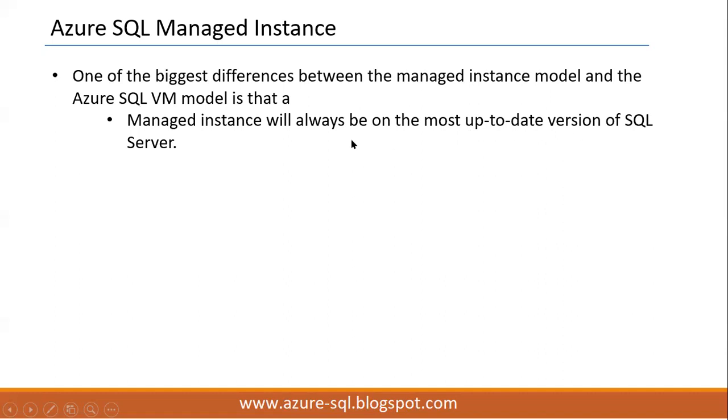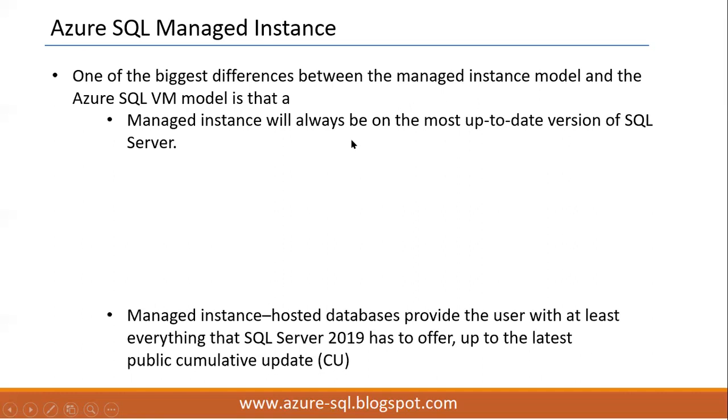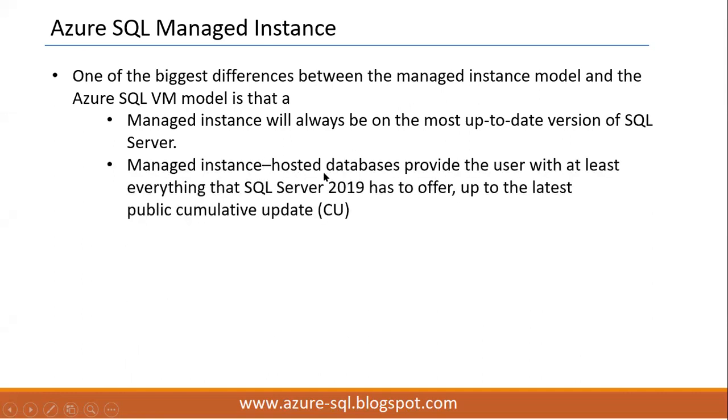Managed instance hosted databases provide the user with at least everything that SQL Server 2019 has to offer, up to the latest. By default, why? Because maintenance is done by Microsoft itself. Automatically, they will apply the latest CUs. No need to apply them on our own.